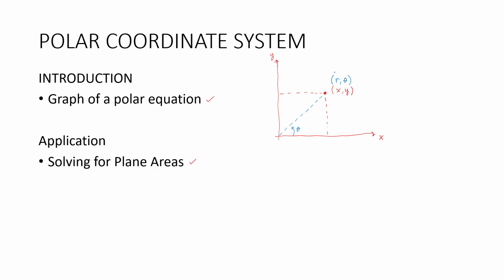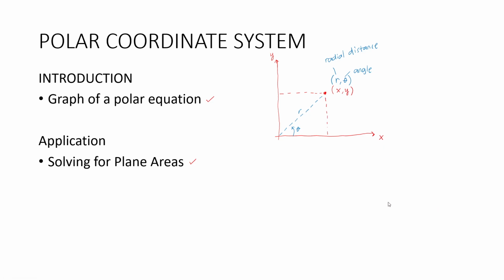Again, r is the radial distance, or if you want it in simple terms, the radius. And this one is the angular displacement, or simply the angle, diba? The angle from x going towards the radial distance.